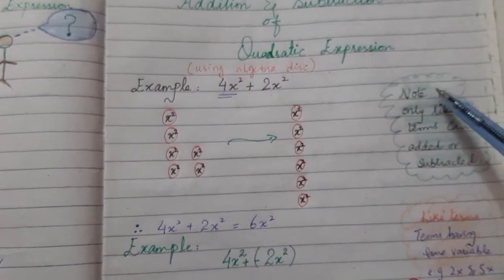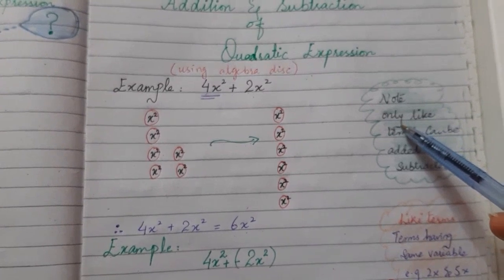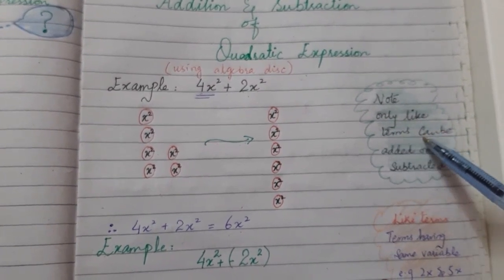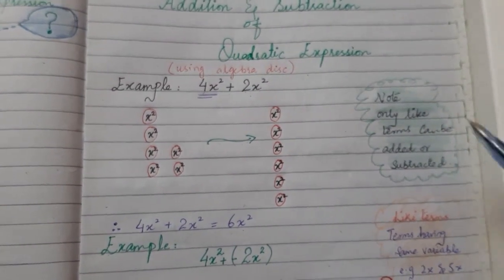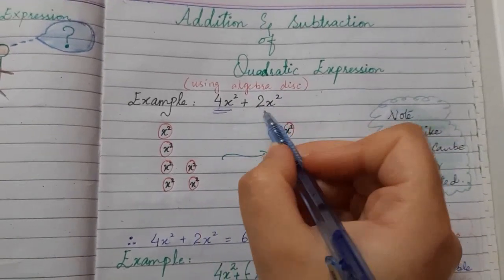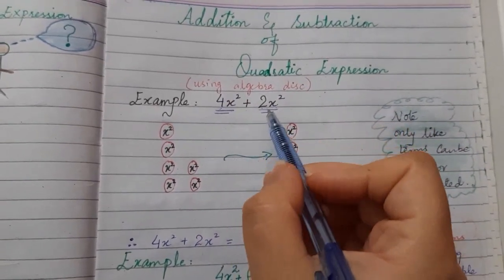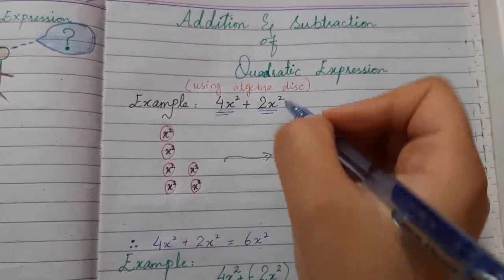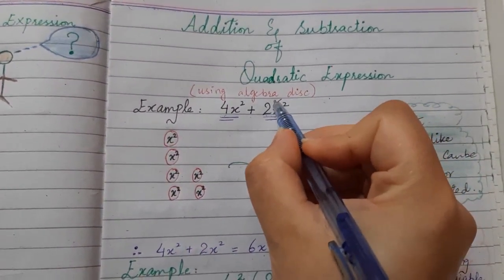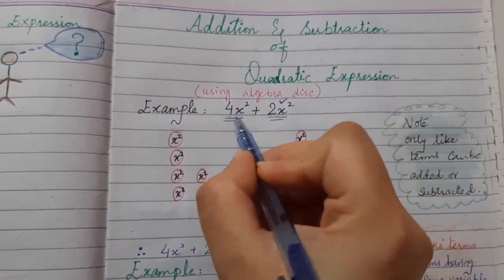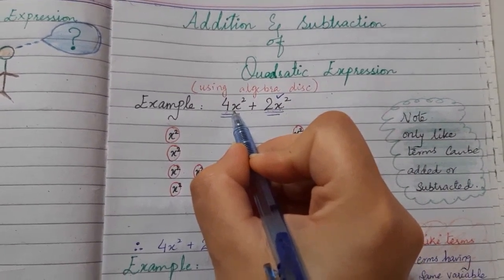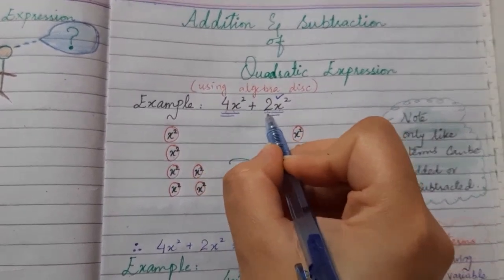Here I have written a note for you in which I have mentioned that only like terms can be added or subtracted. It means how we are going to judge whether the terms are like or unlike ones. You can see that here the variable which is being used is x square, and here the variable is also x square. It means they both are like terms.